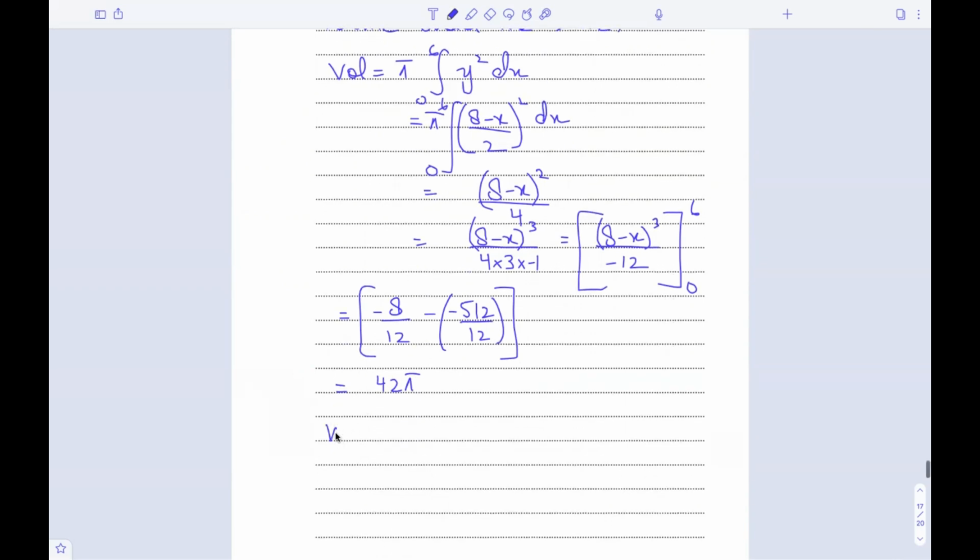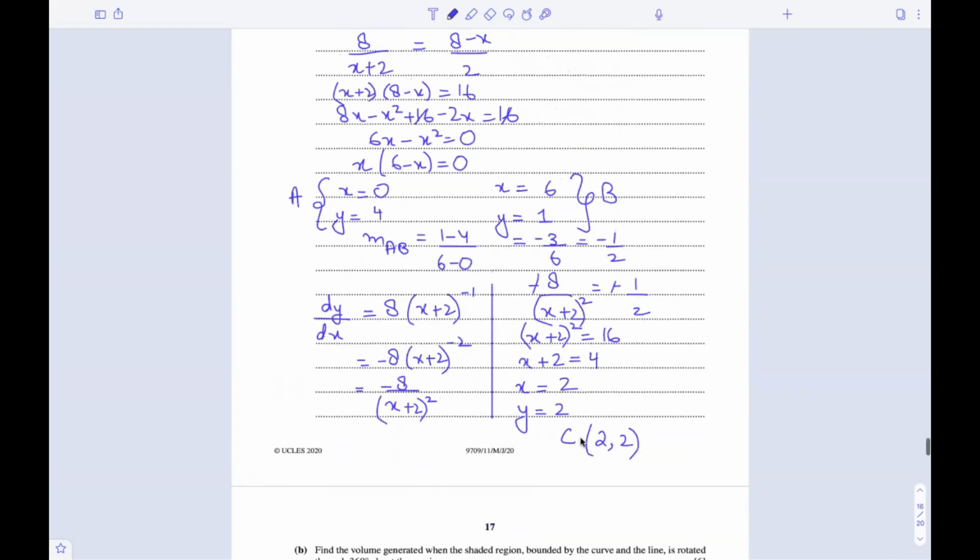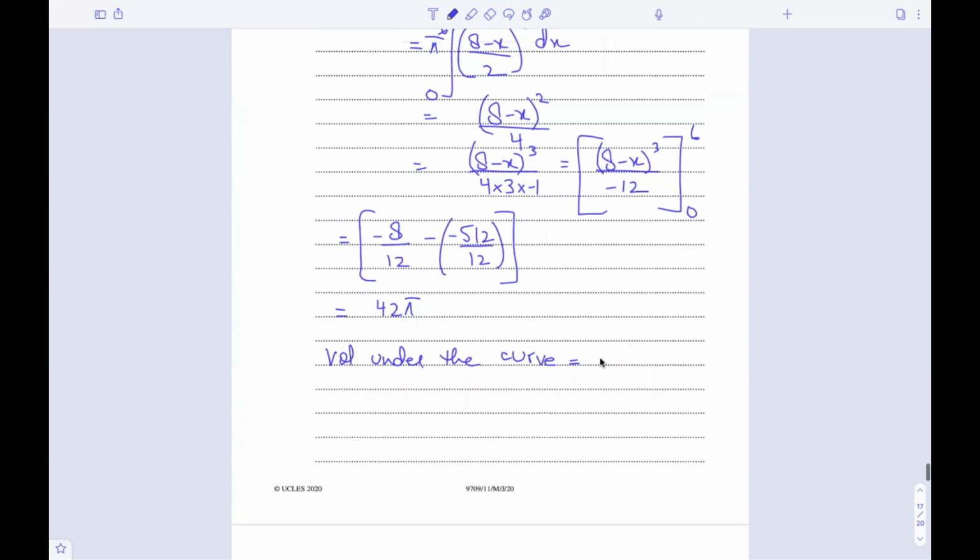Now for the volume under the curve, we know that the equation of the curve is 8 upon x plus 2. So for 8 upon x plus 2, first we square it, and then we integrate, taking the limits as 6 and 0 again.